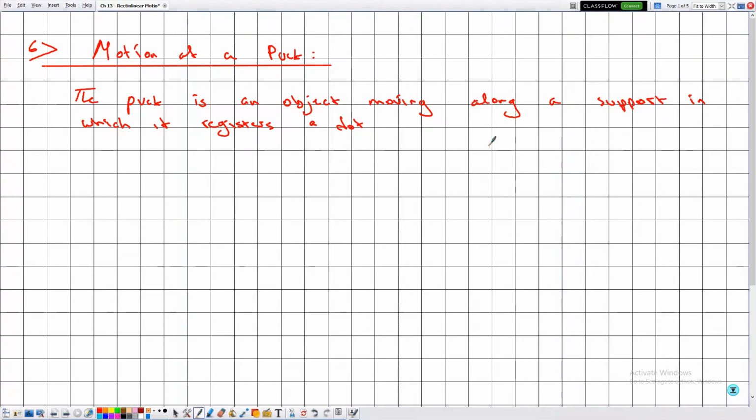So the puck is an object moving along a support in which it registers a dot for every time interval tau.